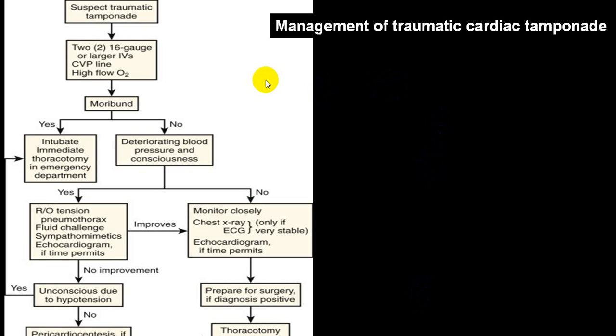In a traumatic variety, you will have to put thoracotomy tubes, or you might have to treat tension pneumothorax if it is associated, along with pericardiocentesis, and good number of times you might require even surgical intervention. In some cases you may require thoracotomy or pericardiotomy depending upon what is the etiology and what is the amount of damage.